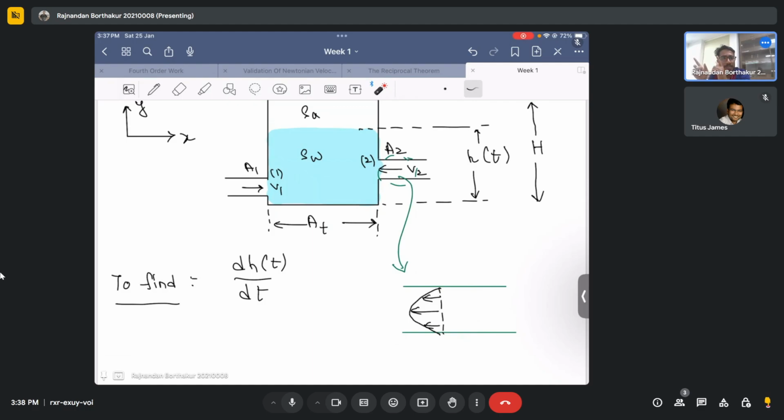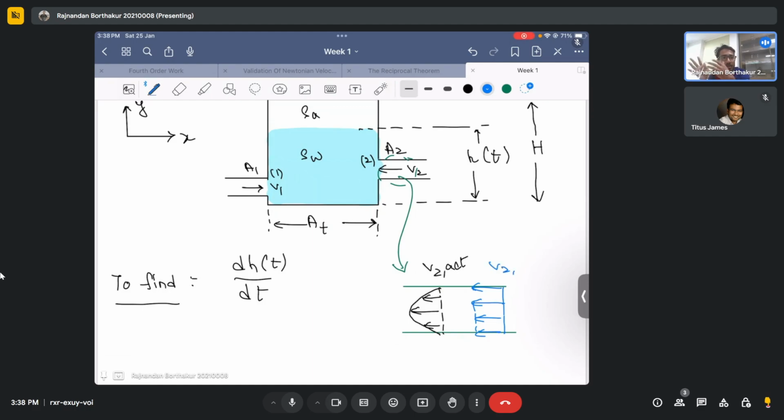But for the simplicity of this analysis, instead of assuming this velocity profile to be parabolic, we will assume that this profile is a constant velocity profile. It is just an assumption that we are taking, that v1 and v2, instead of being parabolic, are just constant. So this is v2 actual, and this is the v2 that we will follow in this question.